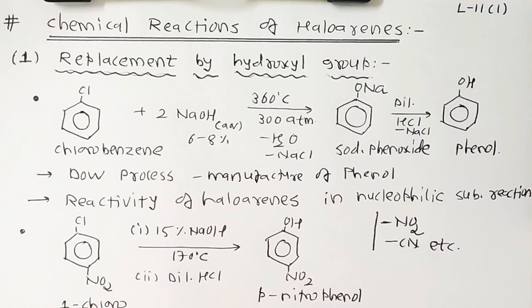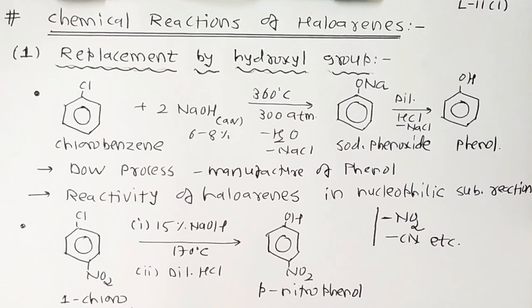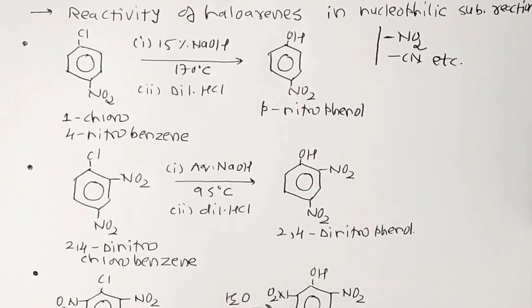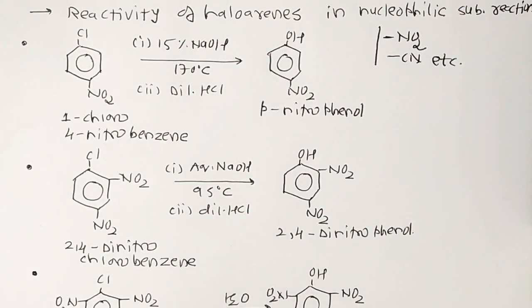But mind well, they must be at ortho and para positions, not at meta position. Because then the halogen is greatly activated towards nucleophilic displacement reactions.